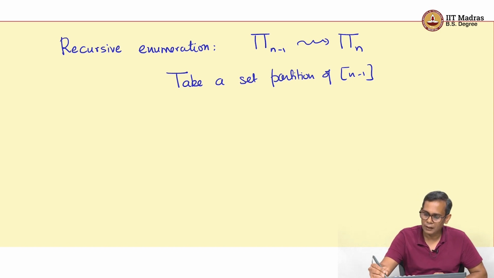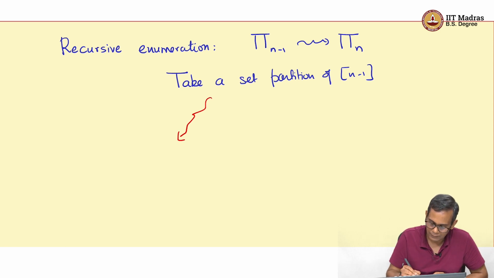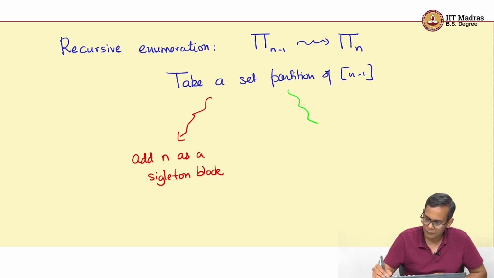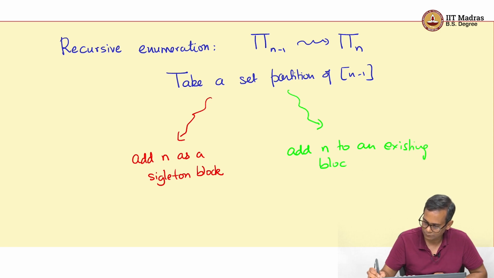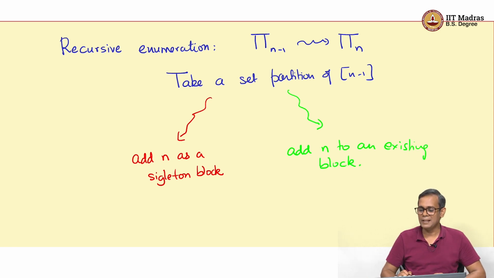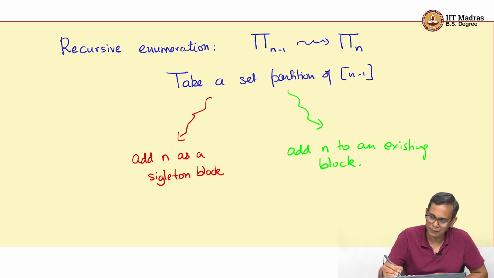You have 2 choices: either add n as a singleton block, or the other option is you add n to an existing block. Let me illustrate with an example.